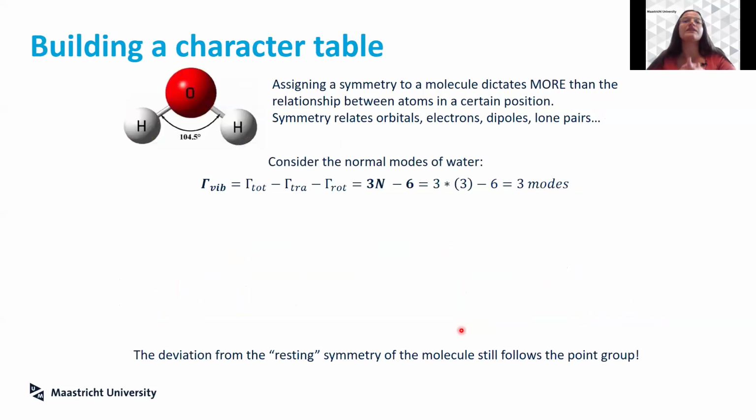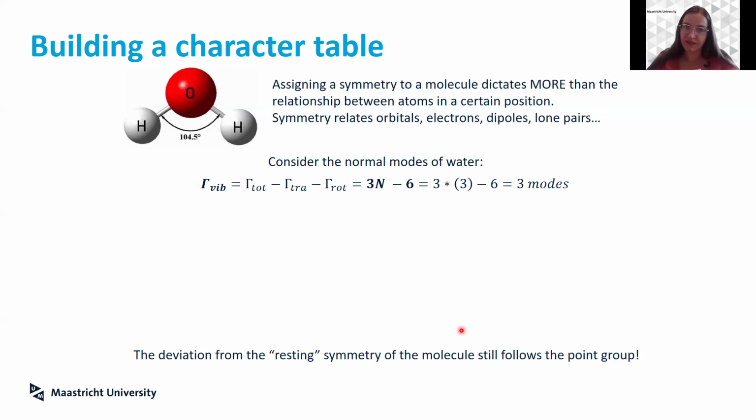You assign the symmetry based on the relative relationship in space of the atoms in a molecule. But having something in space, because you see the arrangement of the atoms, relates to more than just atom, atom, atom, because this means that the bonds are following this arrangement in space.